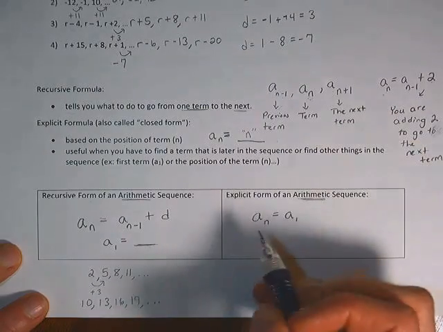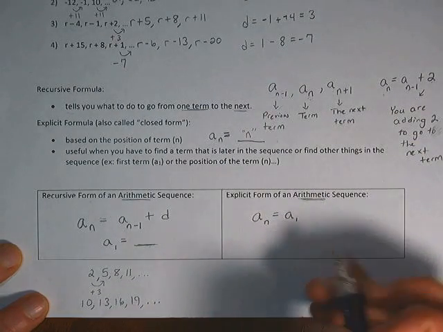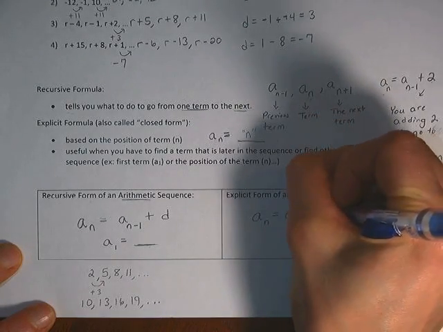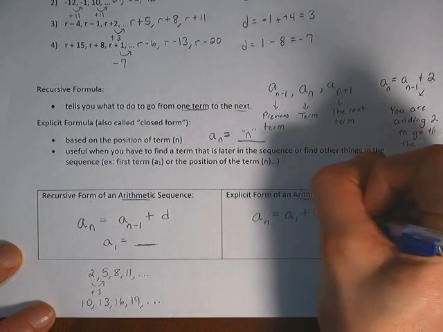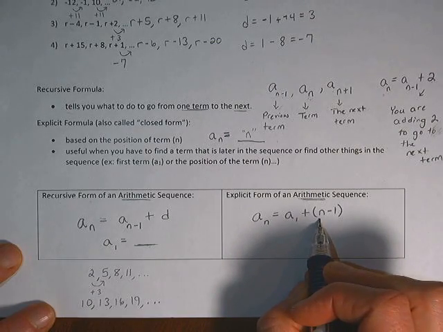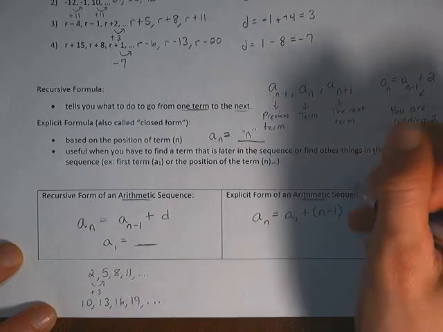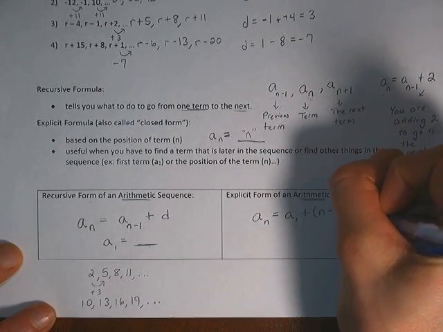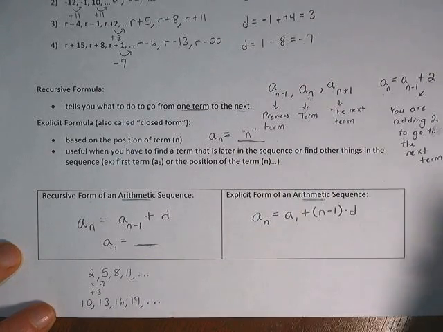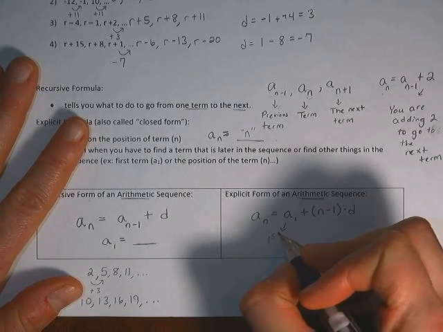So to find a term in your sequence, you take a sub 1, which remember is your first term, plus parentheses n minus 1. Remember, n is the position, and it's actually the position of this term right here. So it's n minus 1, and then you multiply that times d, which is your common difference. So remember, this is your first term.